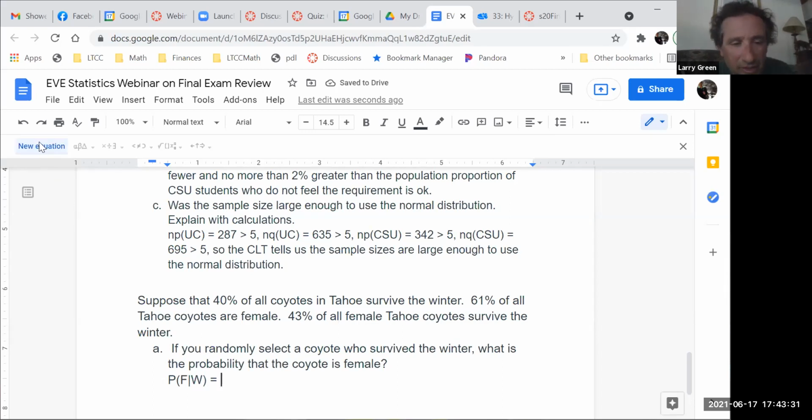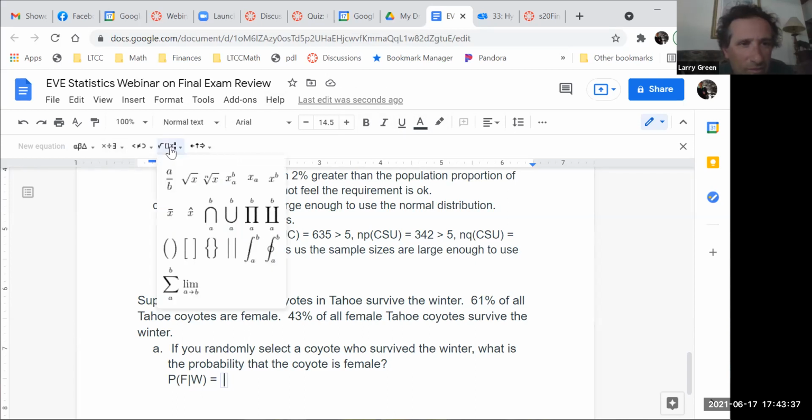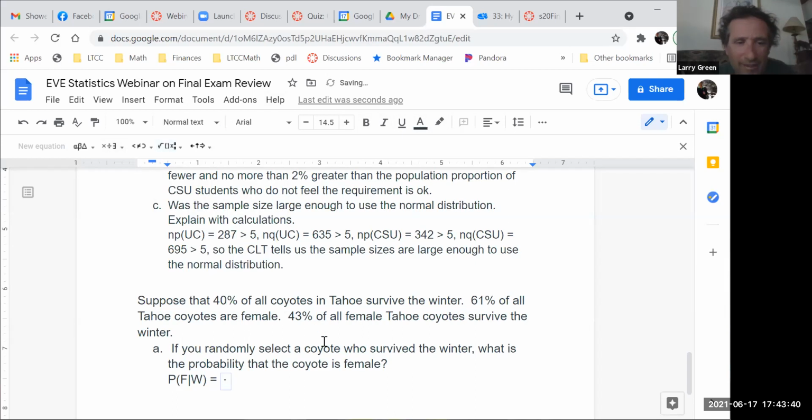Okay, equal to. All right, now there's a formula for this. And that is the probability of F given W is the probability of F and W over the probability of W. Any questions on that?